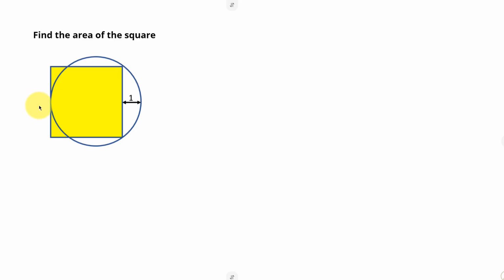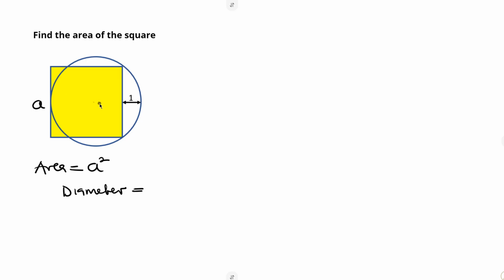Let's call the side of the square A. Good. So if the side of the square is A, that means the area of the square should be A squared. Very good. Now our next step will be for us to know the diameter of this circle. So the diameter of the circle is from this end passing through the center of the circle.